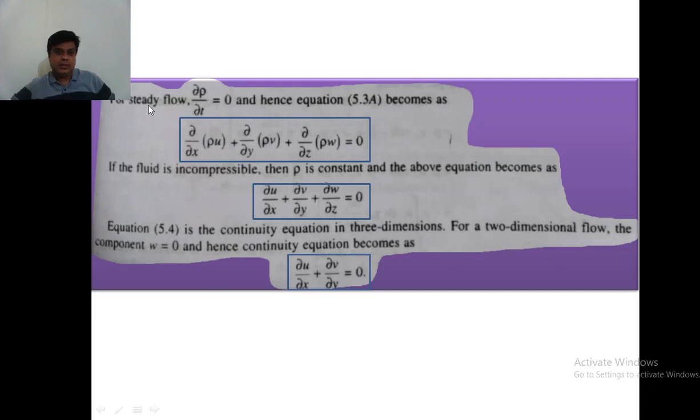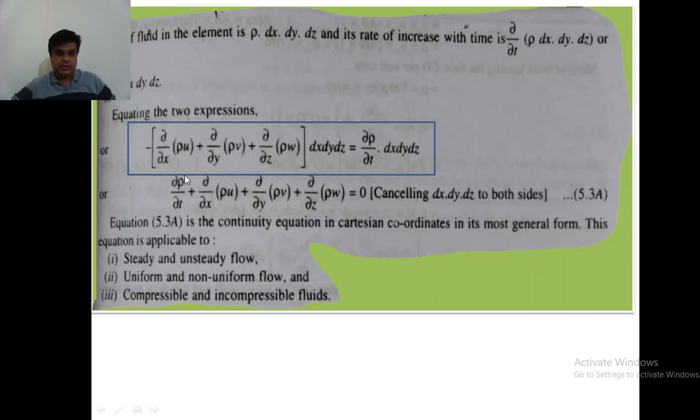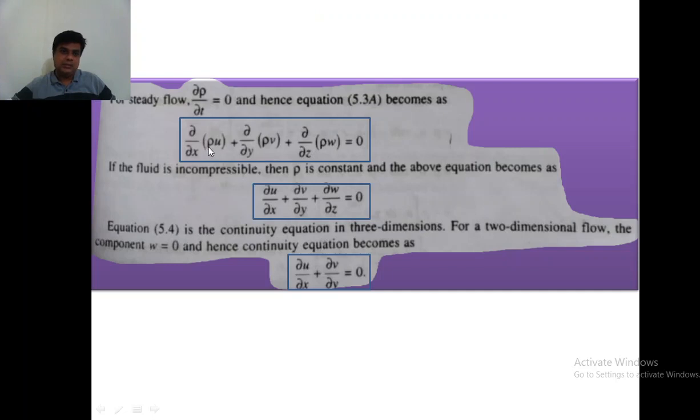If you take steady flow, we know that the properties will not change with time, so del rho by del t will be 0. So we get this equation, and this part becomes 0. Now we are left with this equation. And for an incompressible fluid, the density rho is constant, so take out the density and we end up with this.